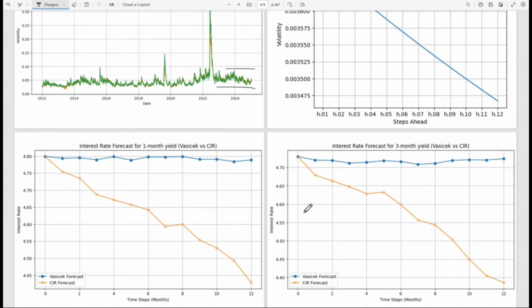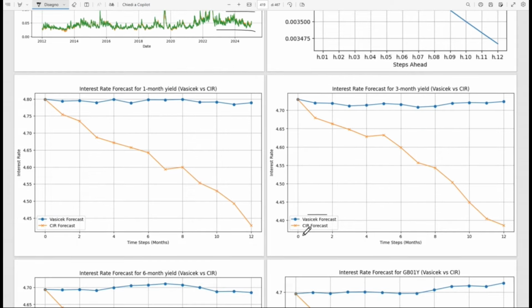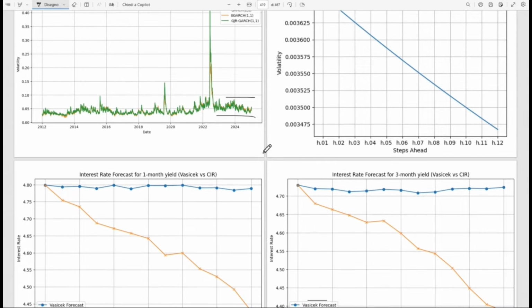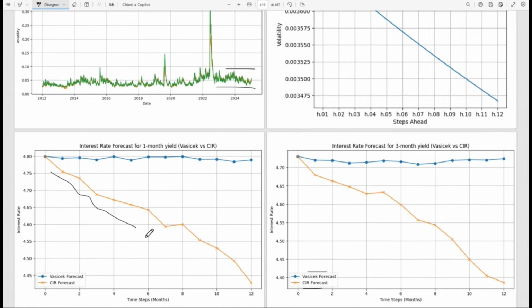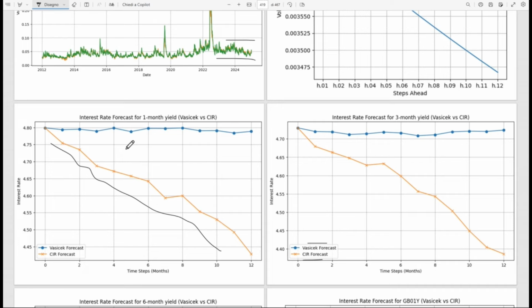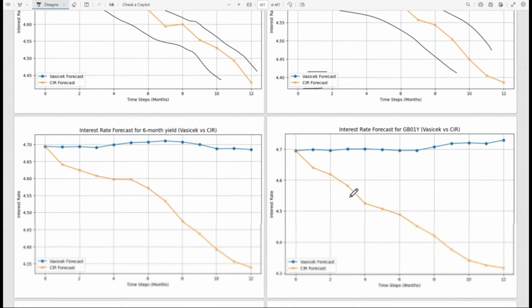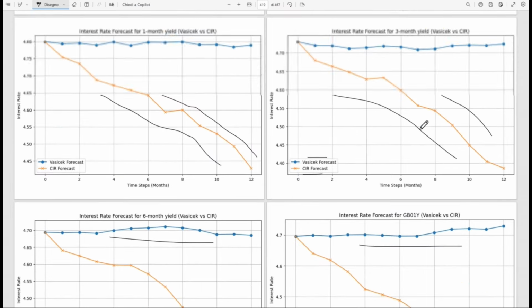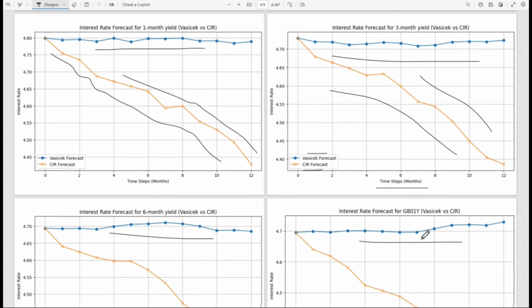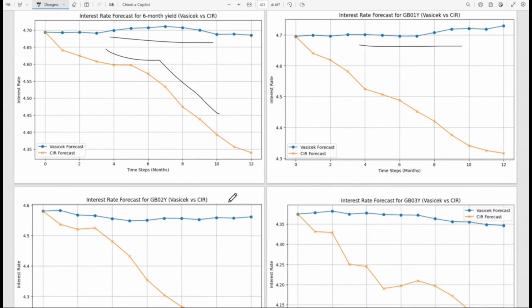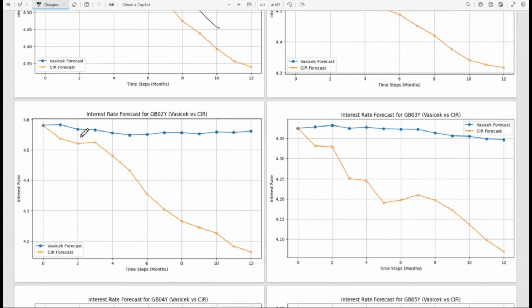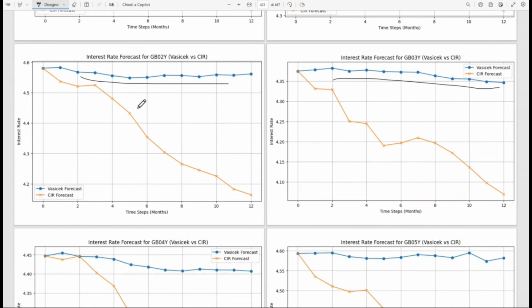And these are the other models, again Vasicek and CIR, and they basically say that the yield curve will probably go down a little bit. The blue line is the Vasicek forecast, CIR model, 1 month yield going down, 3 month yield going down. The Vasicek model keeps it at the same level for the next 12 months. For the 2 year, the Vasicek model keeps the yield curve more or less at the same level as a forecast.